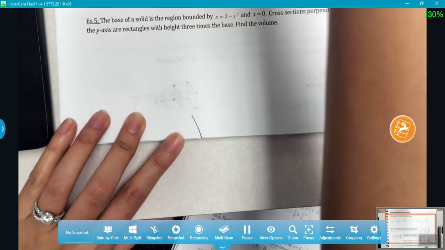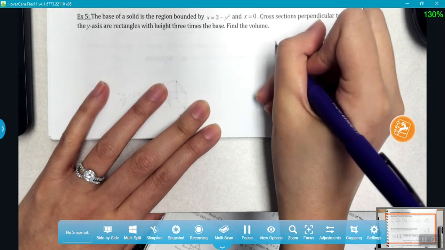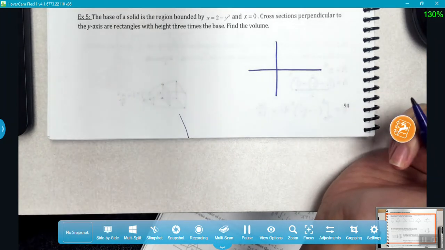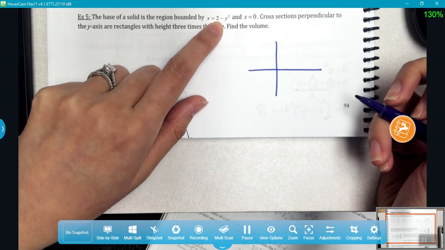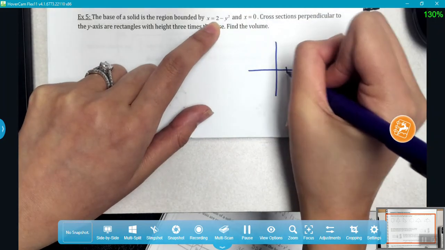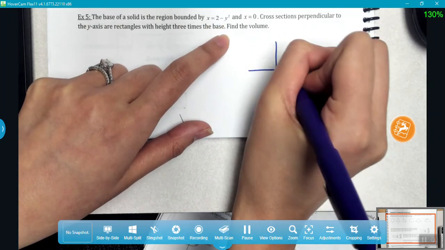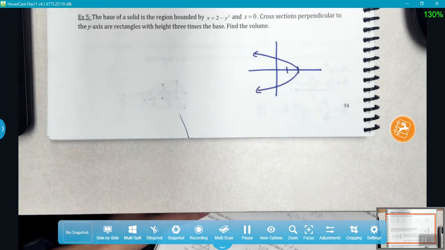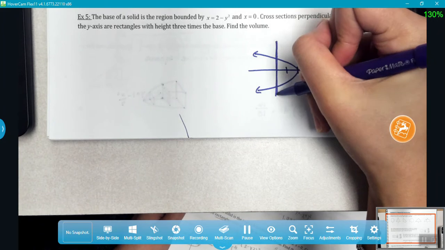This one is, the base of a solid is the region bounded by x equals 2 minus y squared. So that's a parabola shifted +2, and then the negative y squared makes it open left. And then x equals 0 is this line right here.